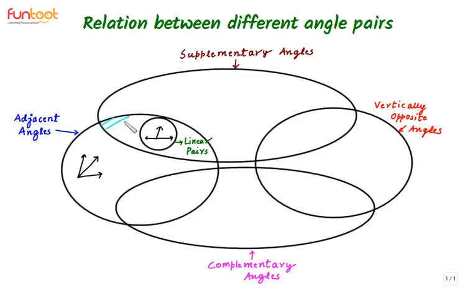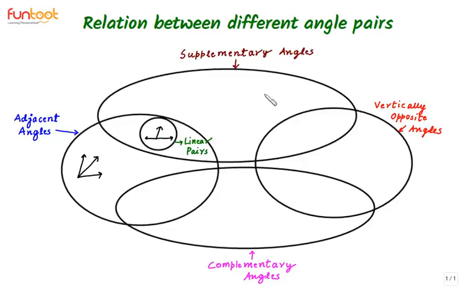This region is common to both supplementary angles and adjacent angles, and inside this we have linear pairs. In fact, in the common region between the two circles of supplementary angles and adjacent angles, we can draw only linear pairs. The next thing which comes to our mind is, are all supplementary angles linear pairs?